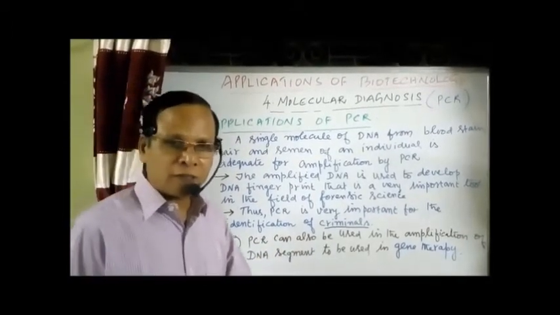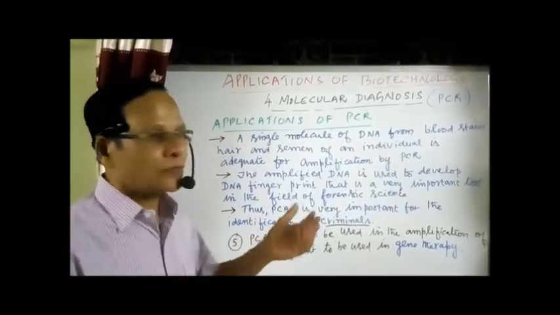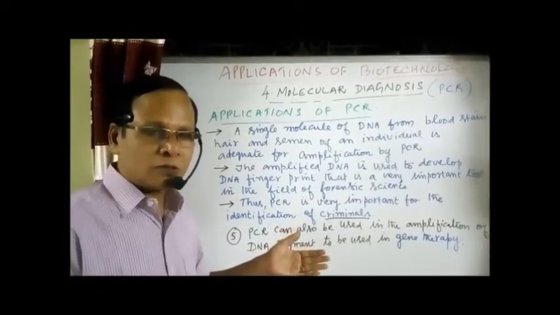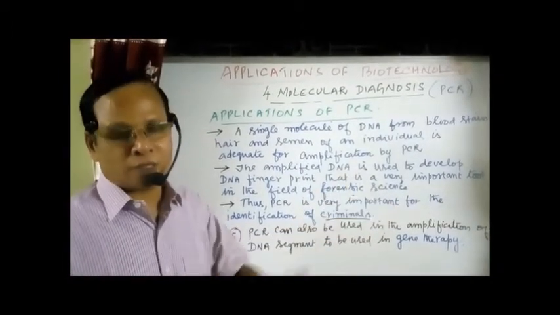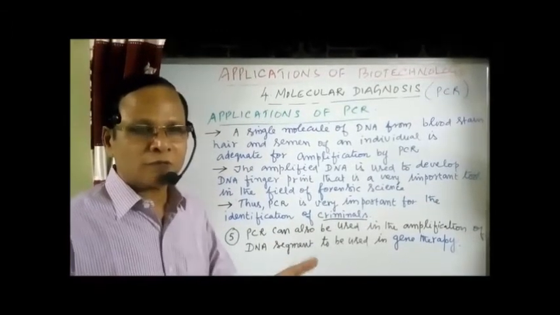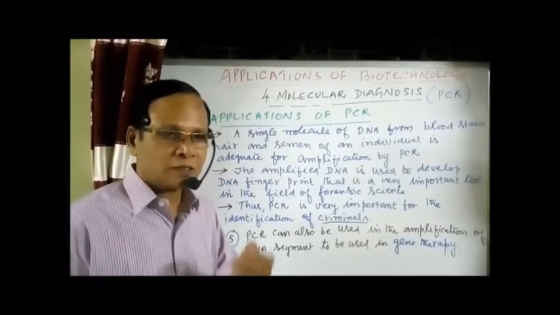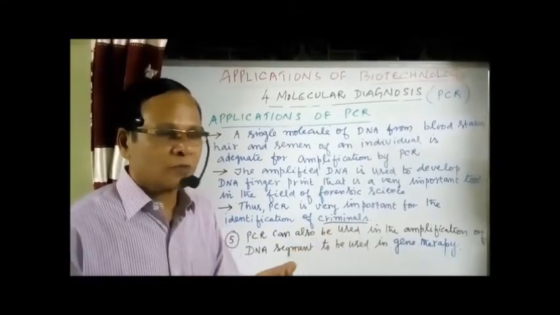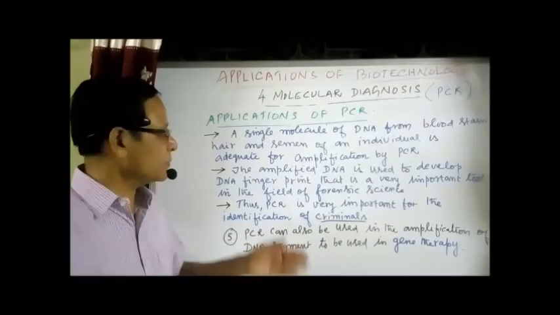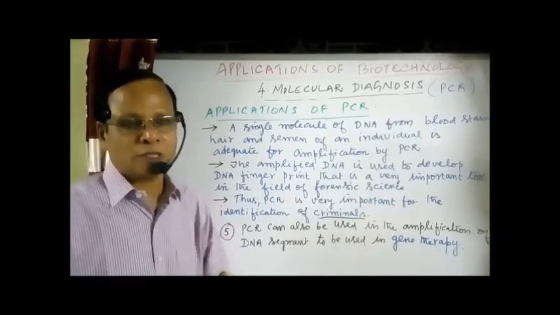We have already seen that DNA fingerprinting is an important tool in the field of forensic science. How? It is used in the identification of criminals. DNA fingerprinting is normally used to identify the criminals, and for DNA fingerprinting we need a single DNA molecule obtained from the crime scene or any other source to be multiplied, and that is done by amplification of DNA through PCR.